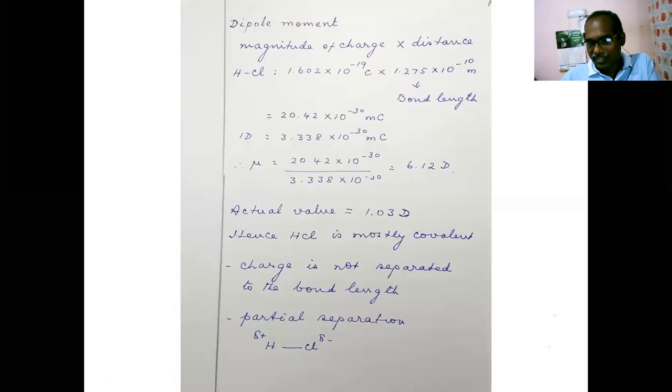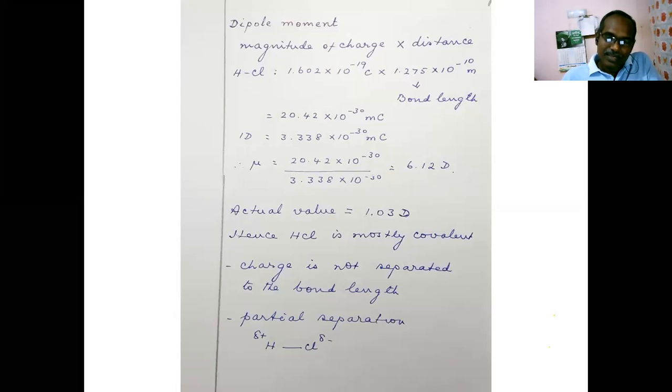This is one assumption. The second assumption is that the charges are separated by a distance of the bond length. With these two assumptions, I calculate the dipole moment and get 6.12 Debye. That is a very high value. The experimental value is 1.03 Debye. Therefore, from this discrepancy, we come to understand that there is no complete transfer of electron.